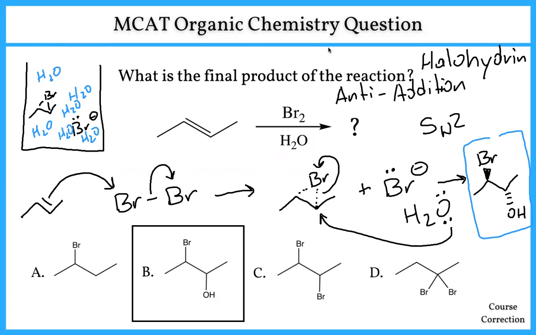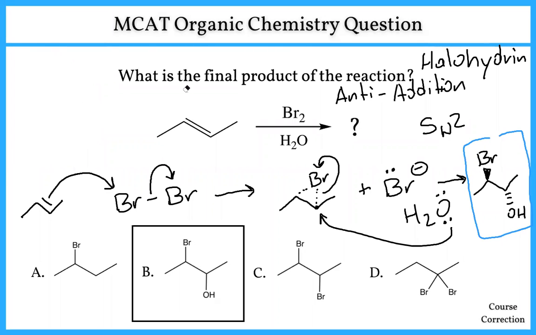I do want to quickly show one more thing that can be important for anti-addition. So let's take a second to see what this would look like if we were using a ring, right? Let's just say, for example, we're using a cyclopentene, right? Then if you drew this ring and reacted it, you could draw it with wedges and dash. You could draw it with one on a wedge and one on a dash, right?